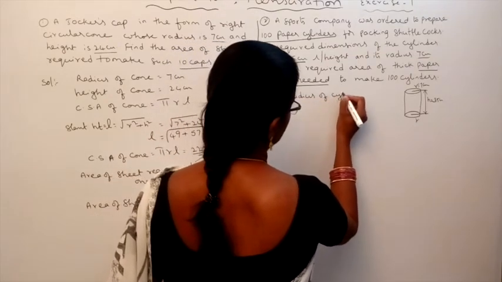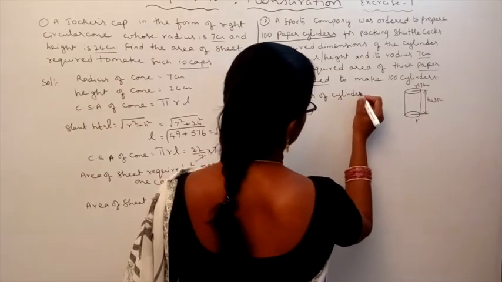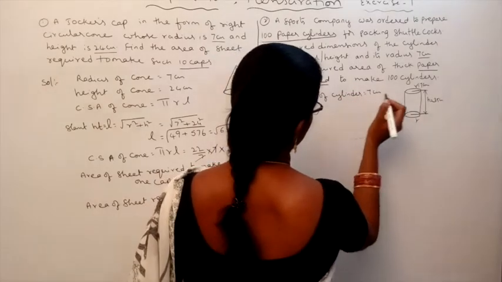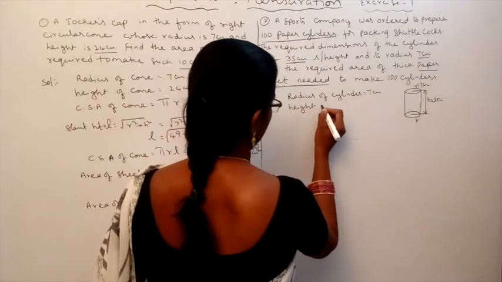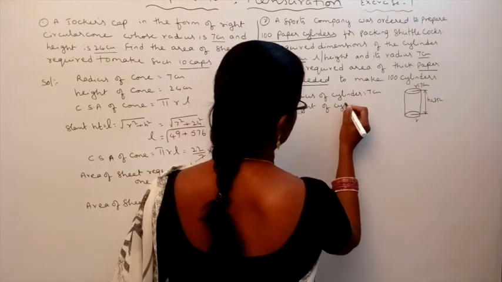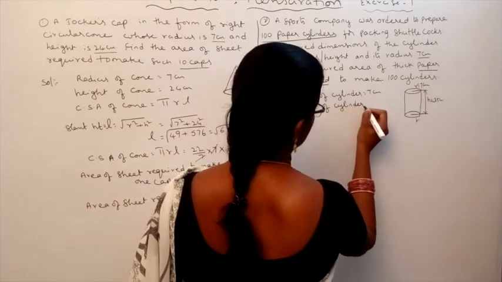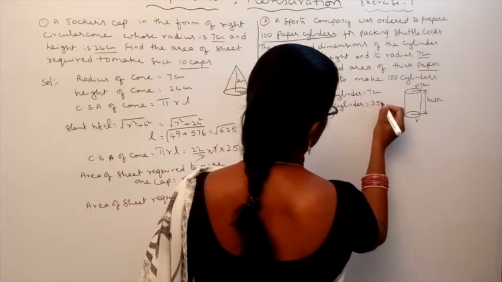See, first the solution. Radius of cylinder is 7 centimeter. Height of cylinder is 35 centimeter.